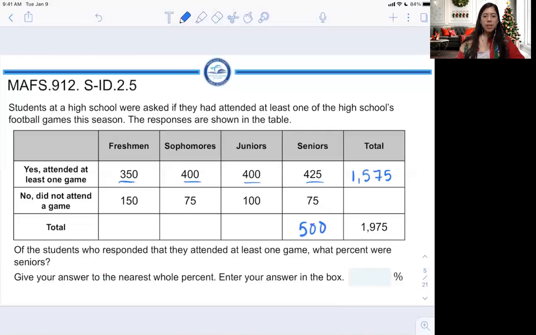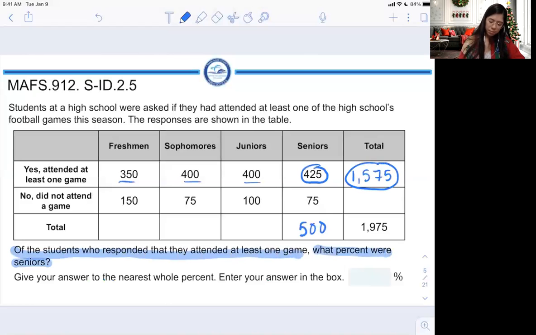1,575. Okay. Well, now let's read this again. Of the students who responded that they attended at least one game, how many is that? That's 1,575. What percent were seniors? So out of those 1,575, how many were seniors? 425.